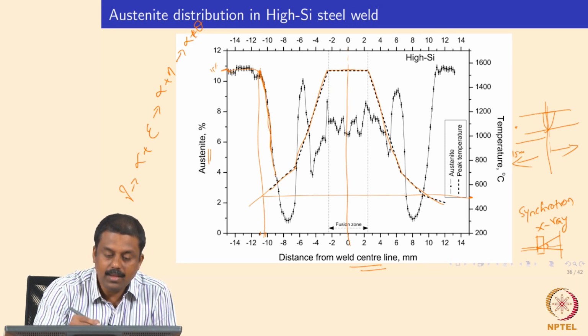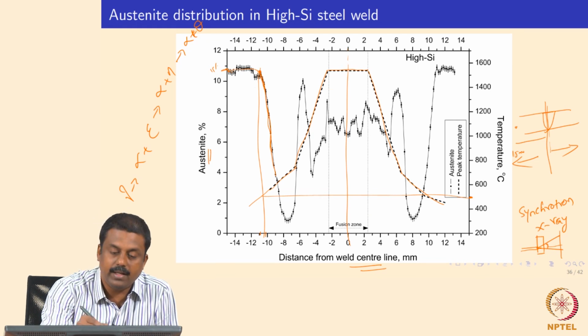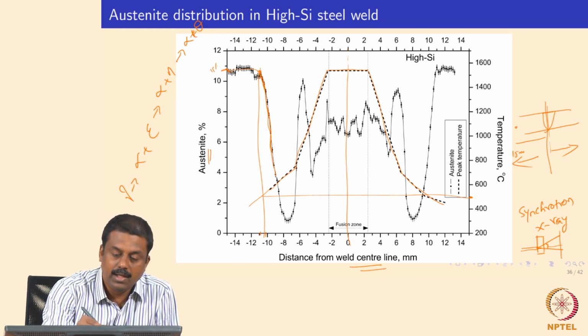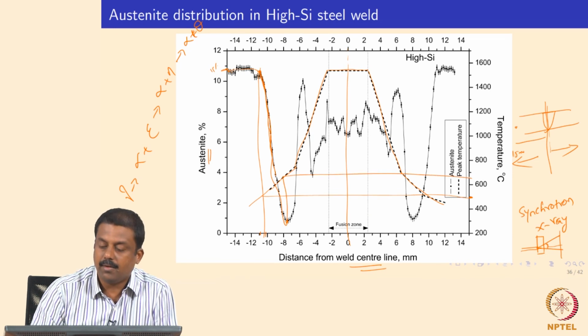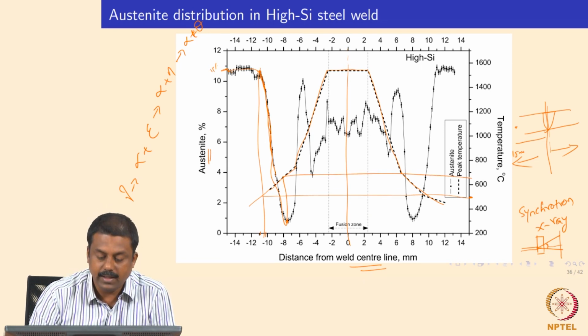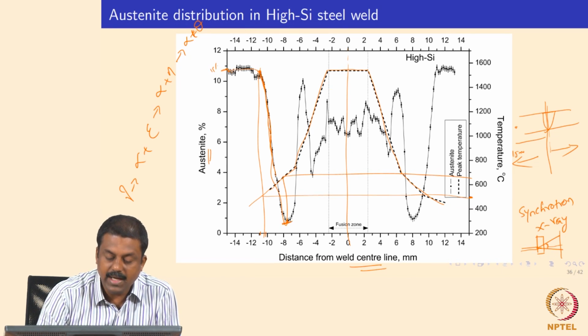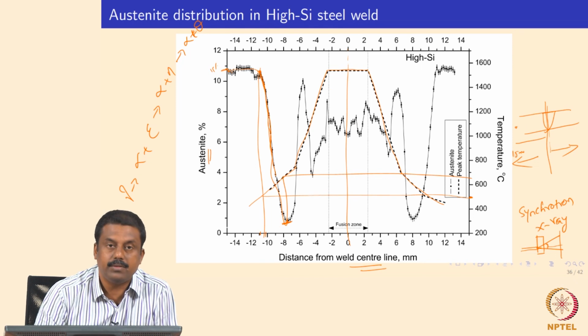So when the temperature goes above 500 degrees centigrade in the weld zone, the retained austenite decreases continuously, and somewhere around 650 to 700 degrees centigrade you reach the minimum value, almost close to 0.